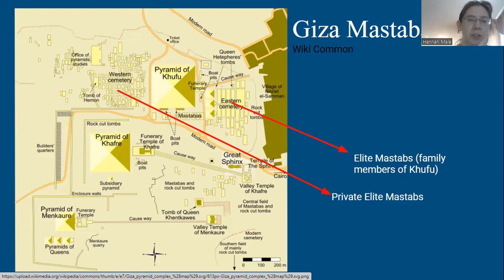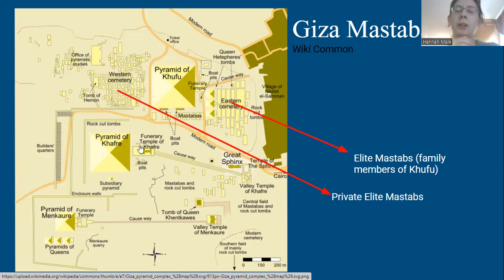But if you approach it from the desert side, it still looks like it's remote from everything. So a lot of people see the pyramids and think that that's the full burial site, but the pyramids were actually just part of the burial site.